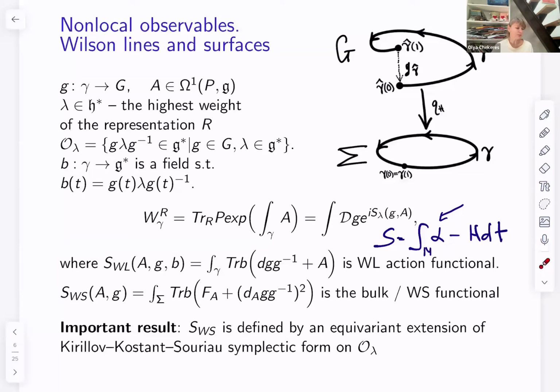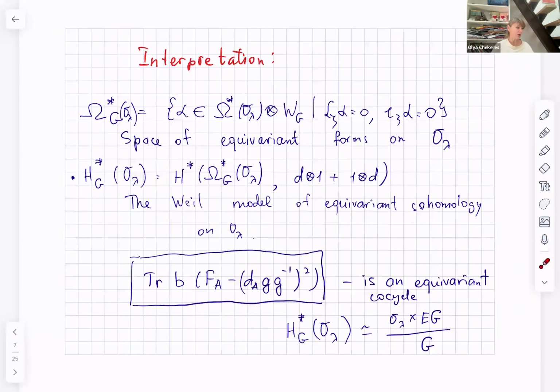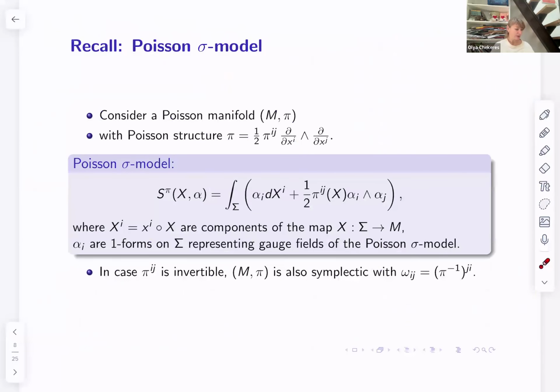And then it was also noticed that this formula defines an equivariant extension of the Kirillov-Kostant-Souriau symplectic form on the quadrant orbit. I will skip this equivariant cohomology definition. The next step was to notice that this formula actually corresponds to the Poisson sigma model with the target, the quadrant orbit.